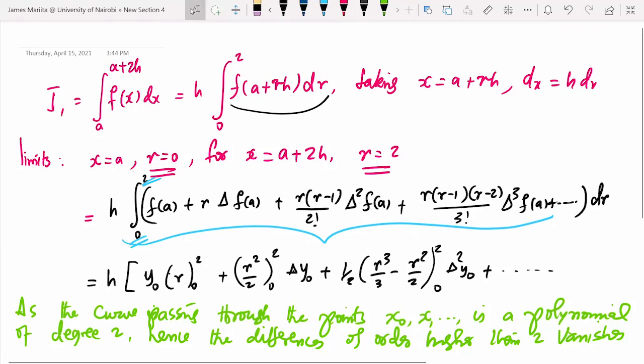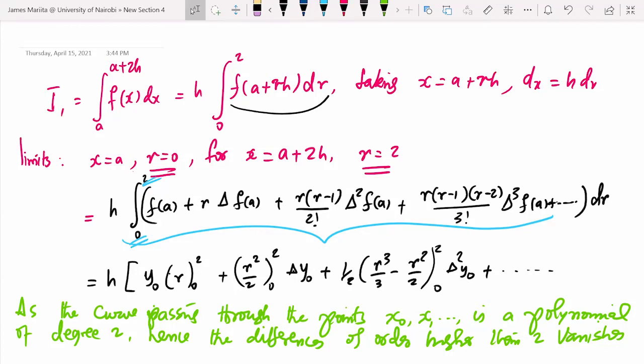Any other question? Just some clarity. Yes. So in this integral that we are going to work out, what will be our limits? You will have to change now. You see, like what we have done for the first integral, we are starting from x is equal to a plus rh.